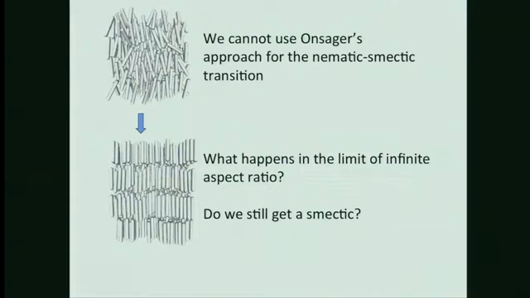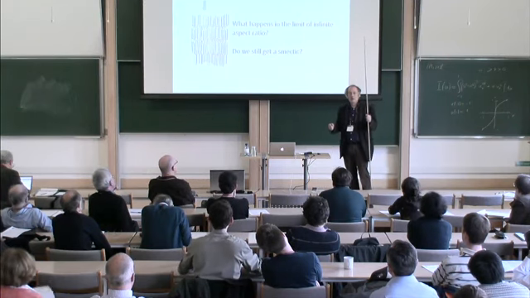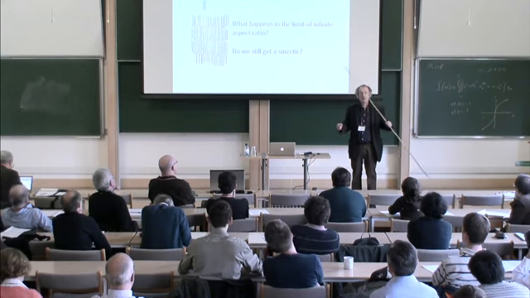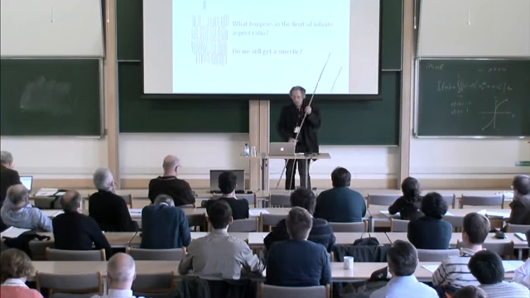But now I want to go beyond the nematic, and then it becomes really difficult, and that's where the simulations come in. Because the Onsager argument really only works because you can look at the isotropic nematic transition by saying I have a gas of particles, and they have excluded volume interactions.